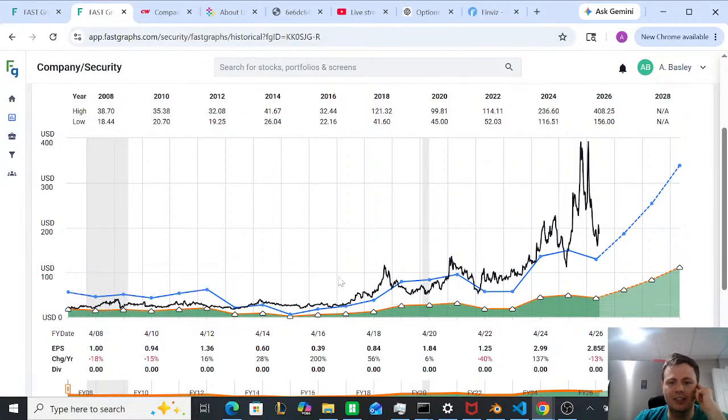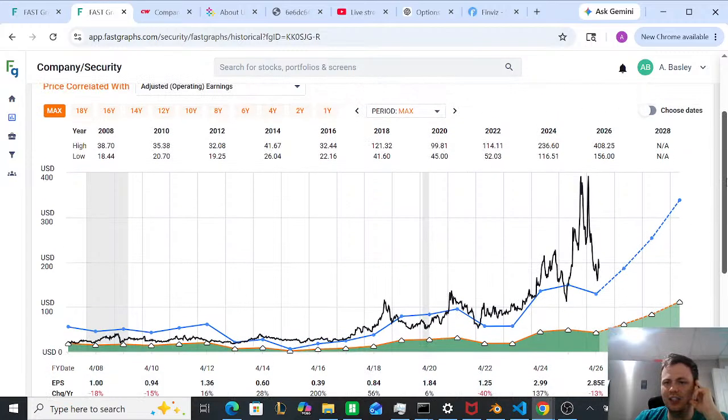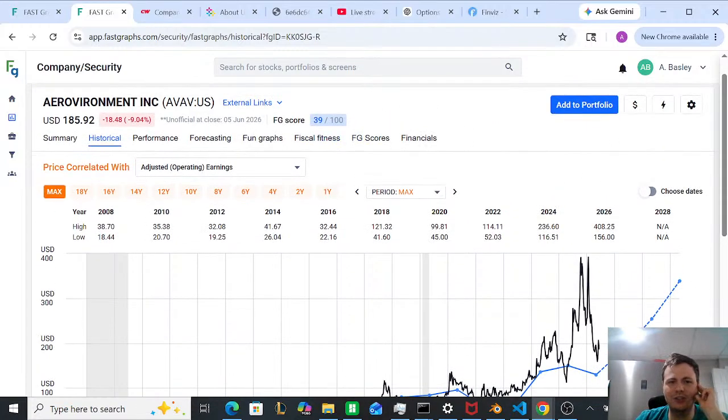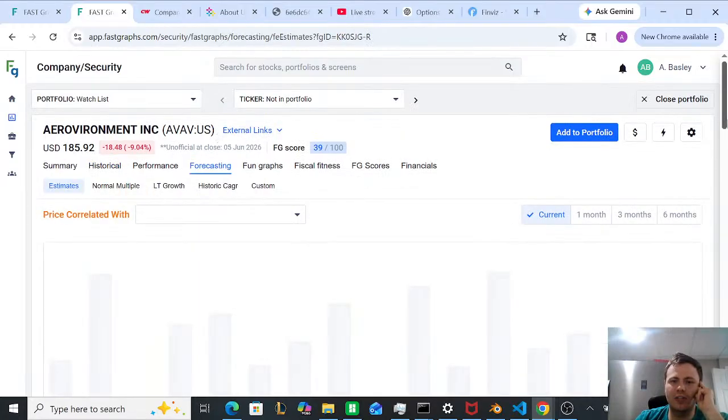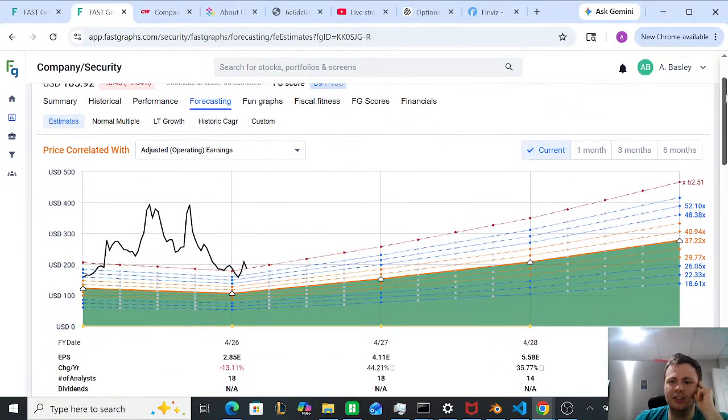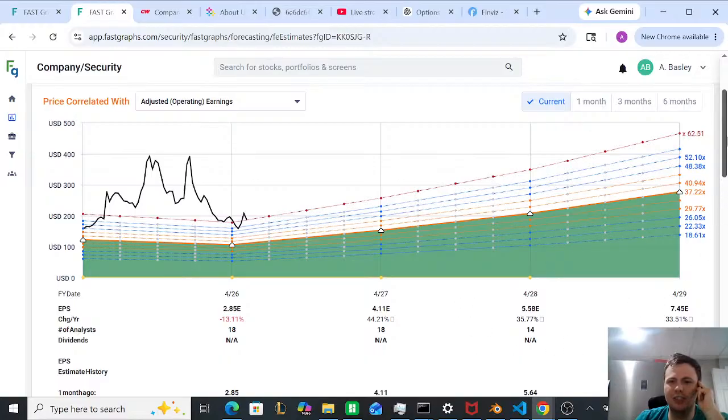But we can see that they've really taken off, and hype got behind them, and their share price got way ahead of its skis here. We've come back down a lot from their peaks, but we're still very high above their earnings number. So if we go to forecasting, this looks a little bit better because we have really high growth rates expected in the future.